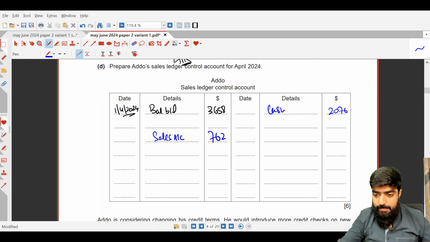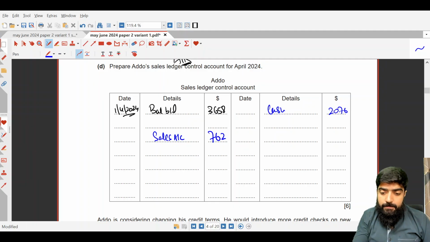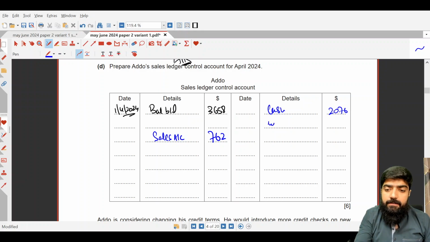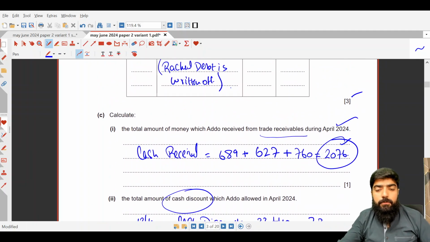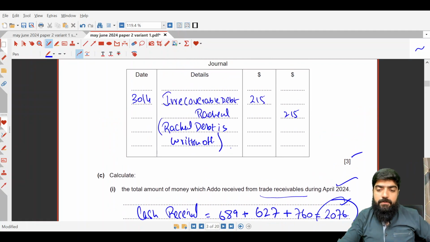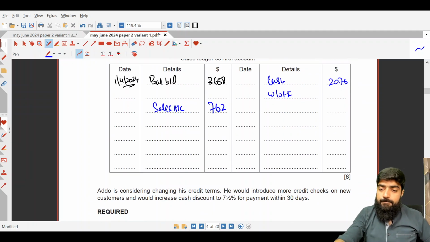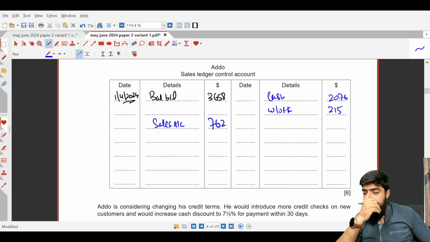Bad debts also. Exactly. Bad debt and discount allowed and return, right? Yes. So we need to record bad debt and I think sales returns also. Yes. Write off. So how much amount have we written off? This requirement is basically a summary of what we have done in the previous requirements, right? Yeah. 215 is the debt written off.